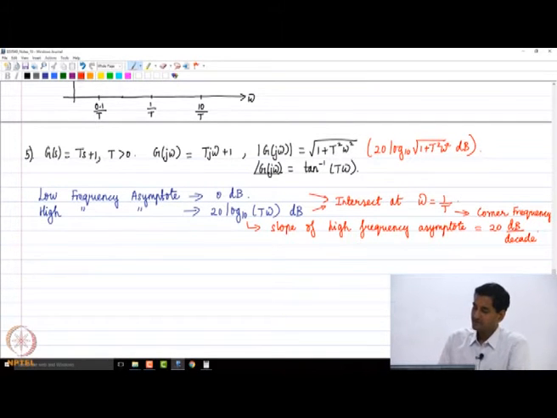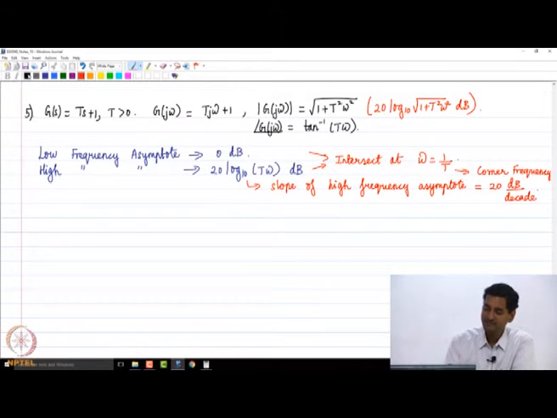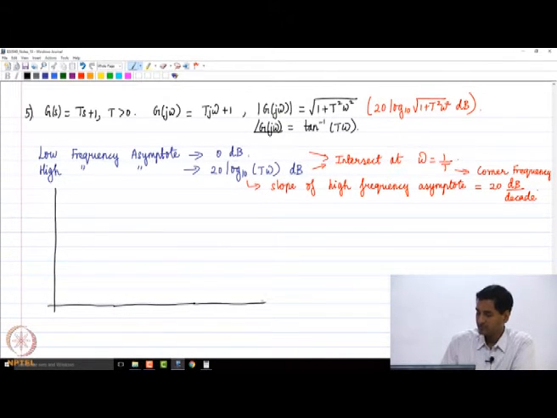So, how would this magnitude plot look in this case? Once again, if I plot the magnitude curve for this in decibels, what would happen?